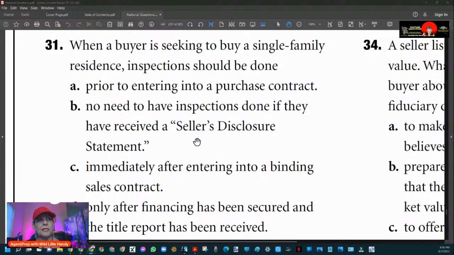The fact that a seller delivers a seller's disclosure statement, that's their knowledge about the property that they can see. However, there may be some hidden defects that the eye cannot see. Therefore, the inspections happen after a binding sales contract.